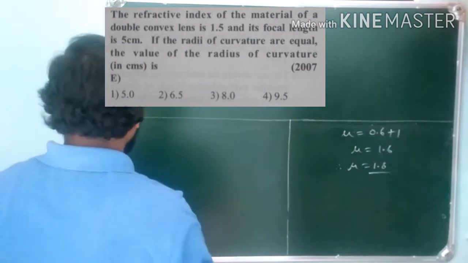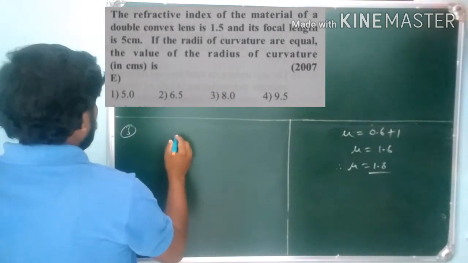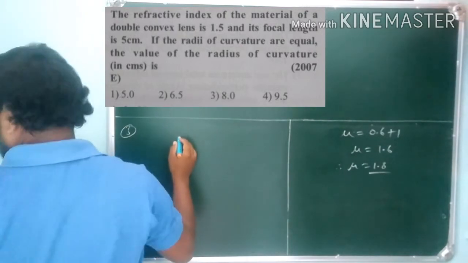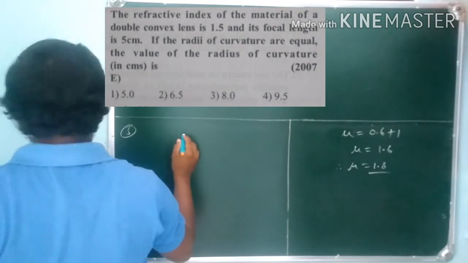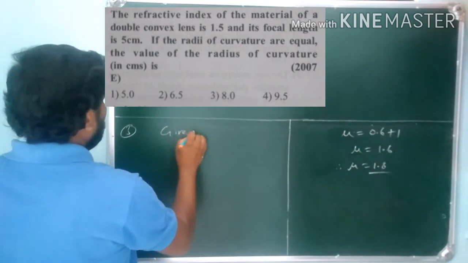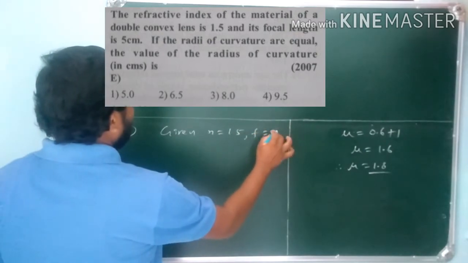Okay. Now, here it is given a convex lens. The convex lens focal length is given how much here? 5 centimeters, and refractive index n is equal to how much here? 1.5, and f equal to 5 centimeters.